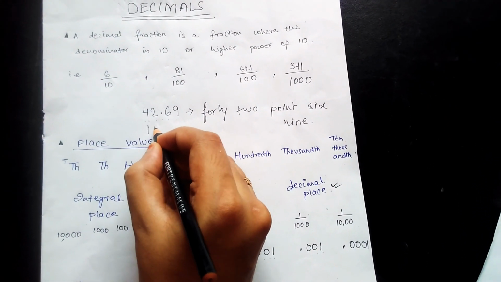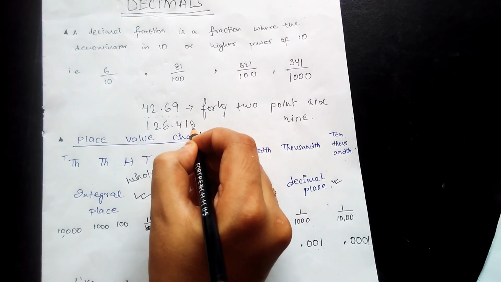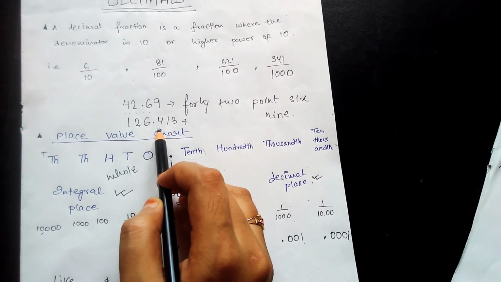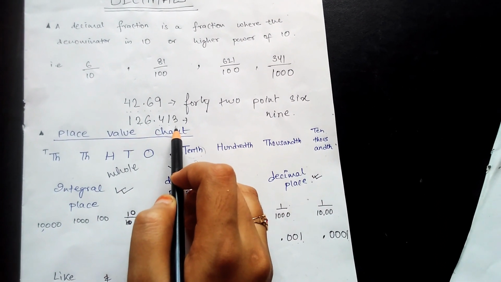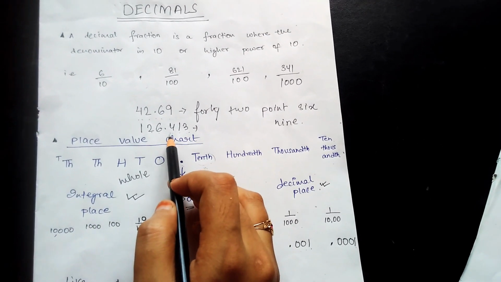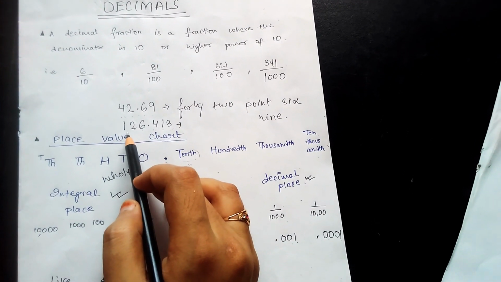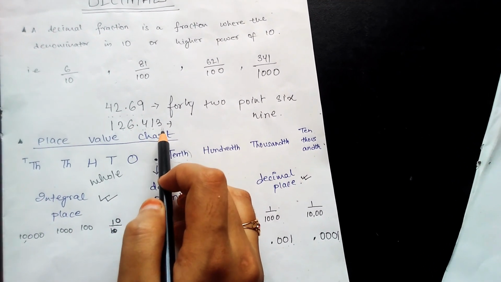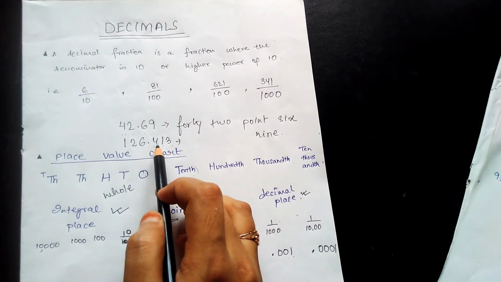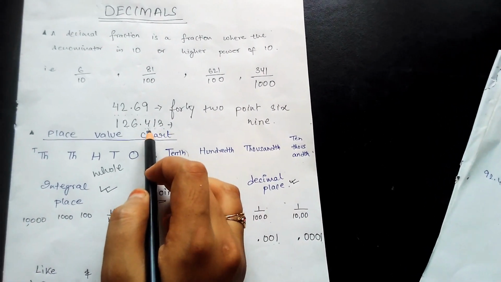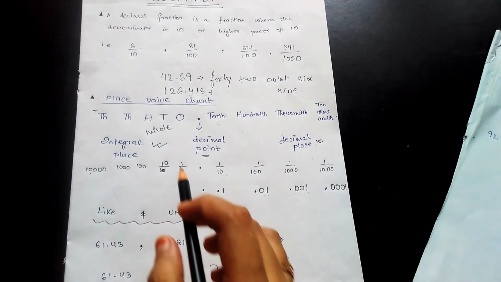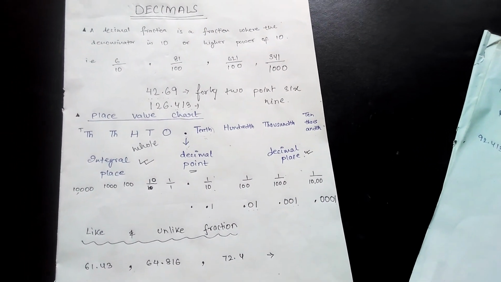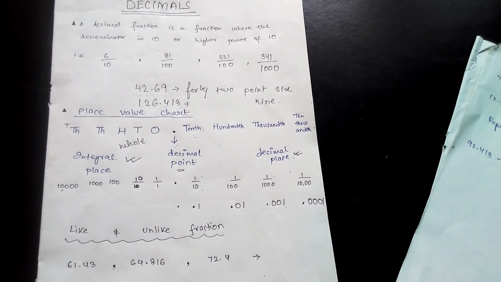Another example, 126.413. Here we will say 126 point four one three, not 126 point four hundred thirteen. So after the decimal point, the numbers are named individually, not in combined form. So this is the naming of the numbers and this is the place value chart of the decimal fractions.